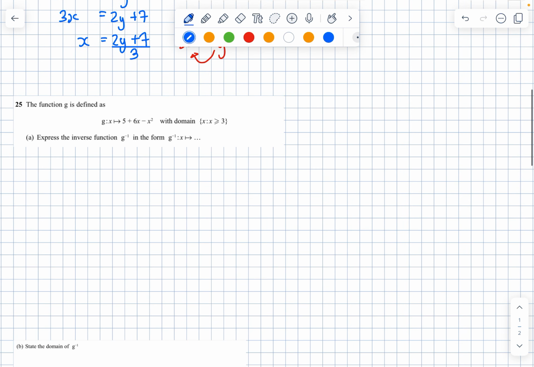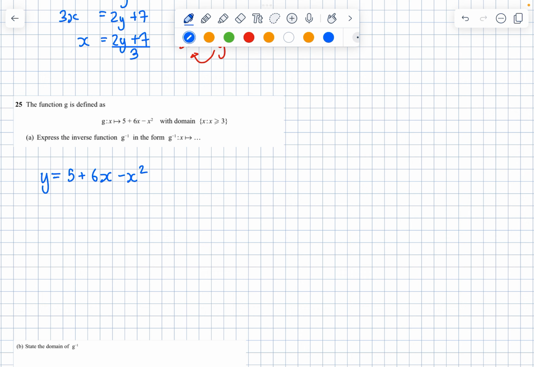Right, now, this is the unusual form of the same question. So here I've got a quadratic and I'm trying to find the inverse of that quadratic. So I'll do the same thing. I'll write y equals 5 plus 6x minus x squared. And I want to make x the subject.